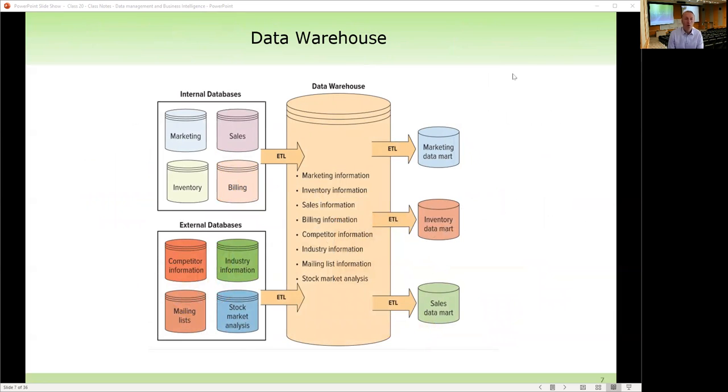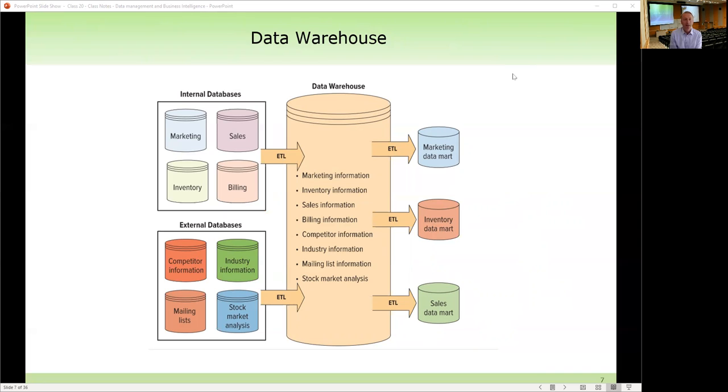Now, the core element of data management is typically called the data warehouse, and that's where we store and make data available for businesses. So here you can see that a data warehouse typically consists of a number of internal and external databases. So that's databases that capture information. In this illustration, you can see the internal databases could be marketing information, sales inventory, and billing information.